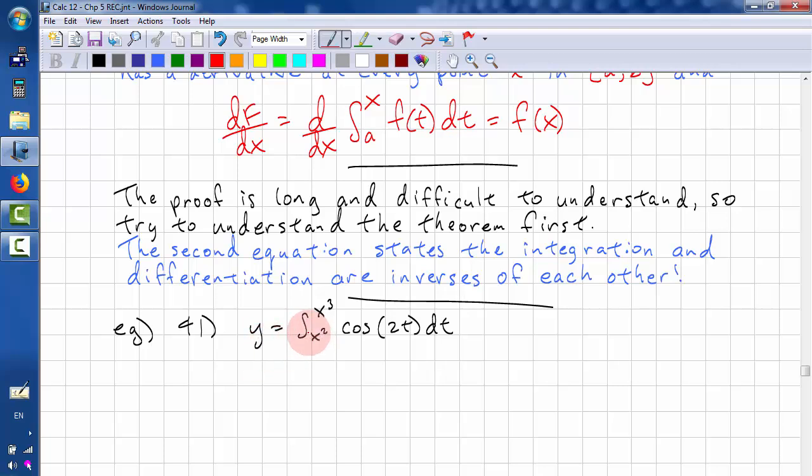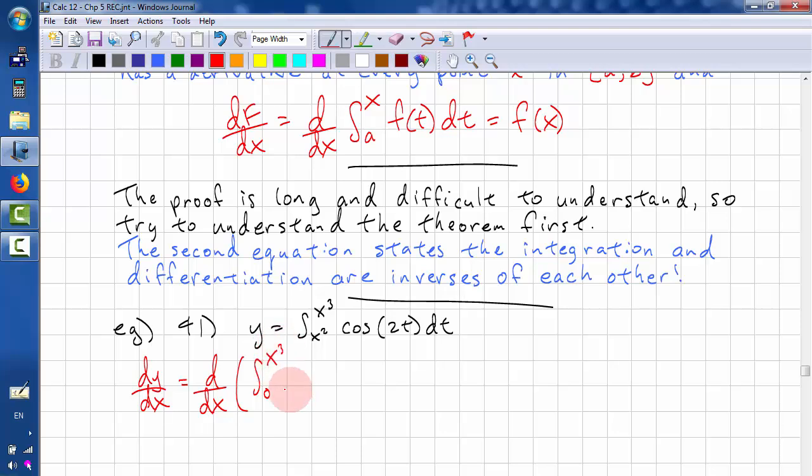y is equal to the integral from x squared to x cubed of cos of 2t dt. Okay, so the derivative, dy/dx, equals d/dx, and it's best just to substitute before trying to do any algebra.